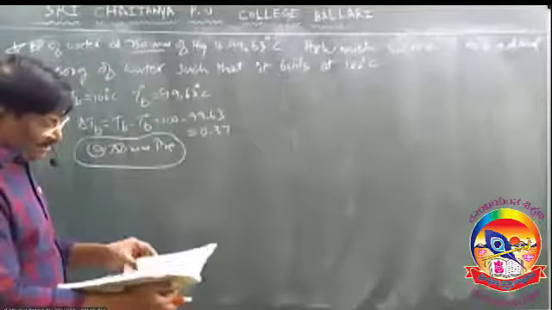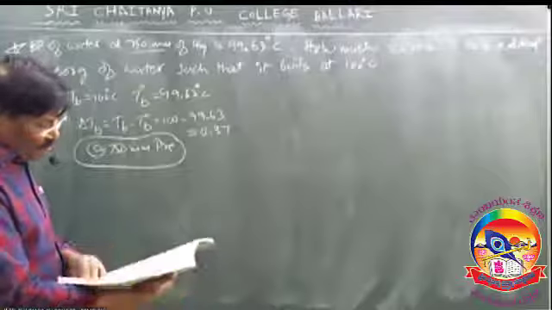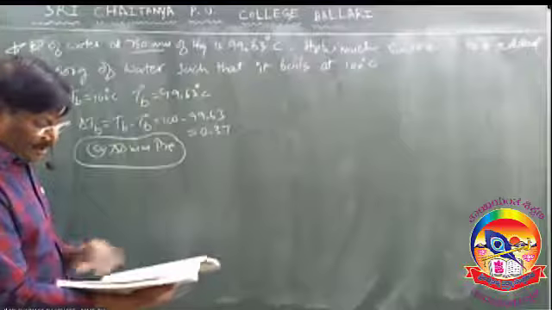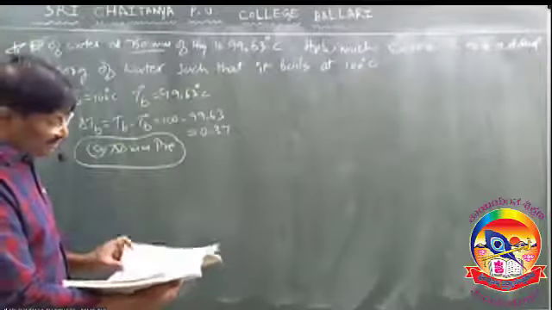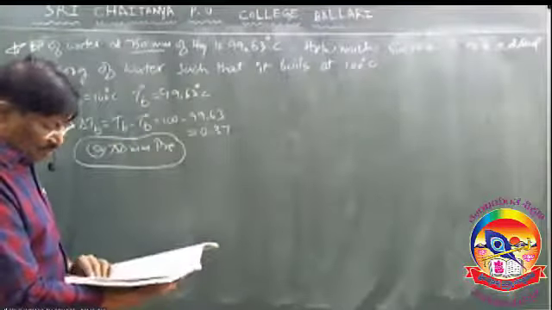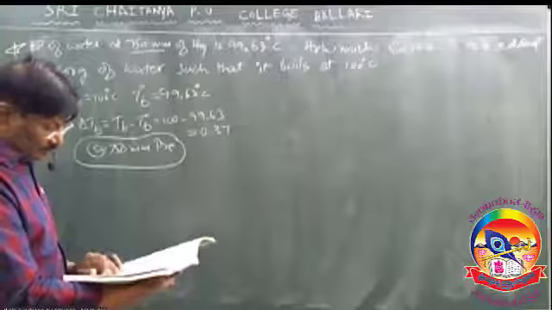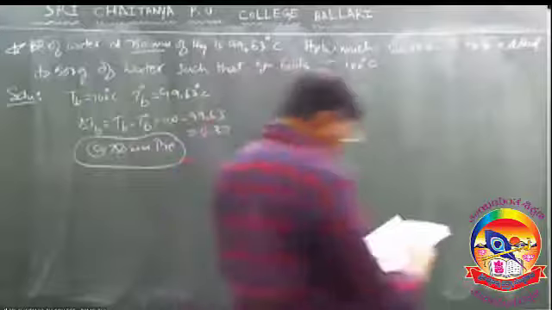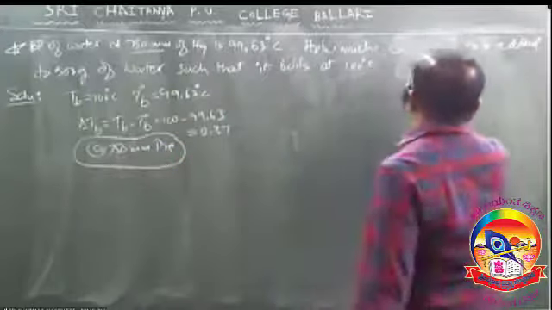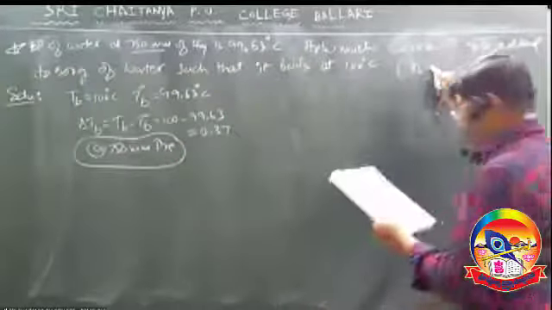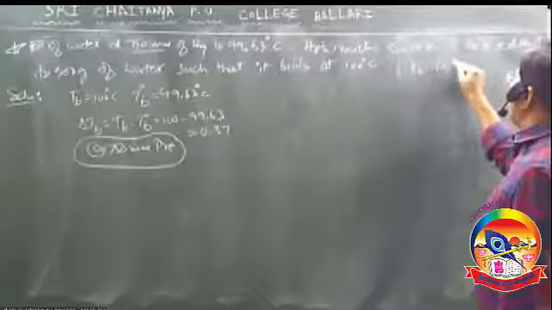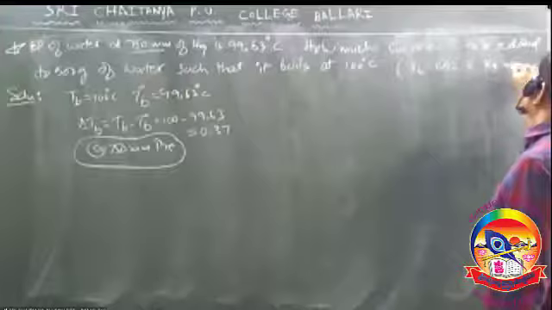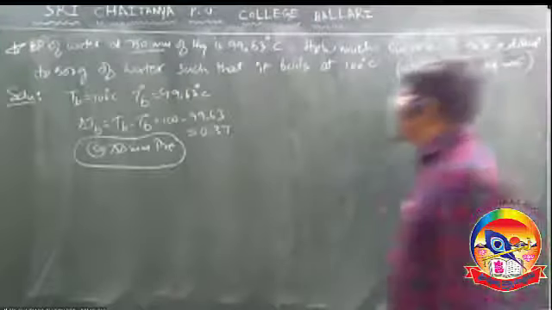And one more thing, here we need delta TB, we need the KB value also. Is it not? So I have to give the KB value for water, 0.52 kg per mole.